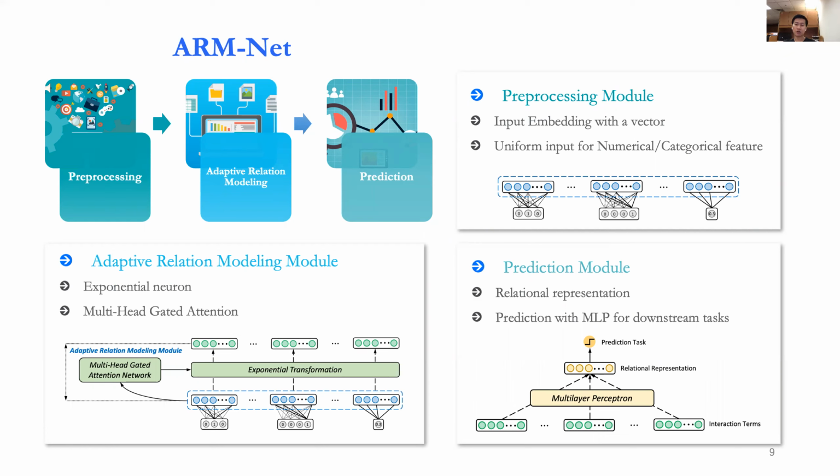This module is based on the exponential neuron and gated attention. Note that we adopt the multi-head attention mechanism with k different sets of bilinear attention weights to model interactions from different representation spaces. And finally, a prediction module, which takes the relational representations from the exponential neurons as input and produces model outputs with an MLP for downstream prediction tasks.